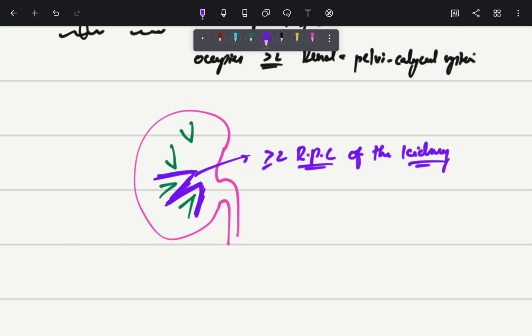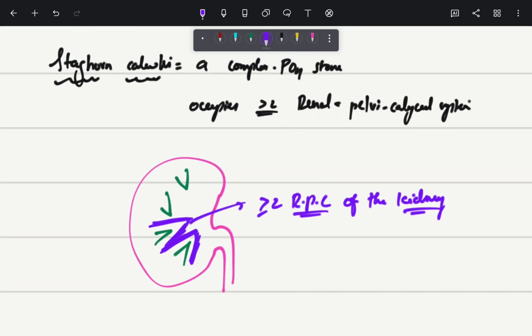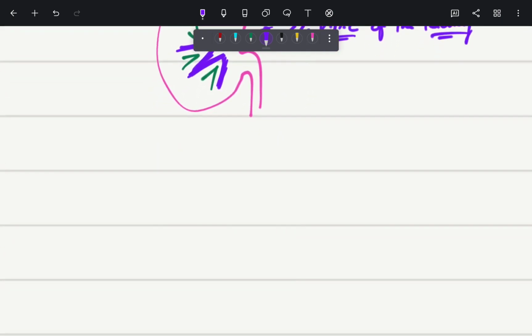Such a type of complex phosphate stone which occupies greater than 2 renal pelvic calcial systems of the kidney is called a staghorn calculus. I hope you are clear with the definition.